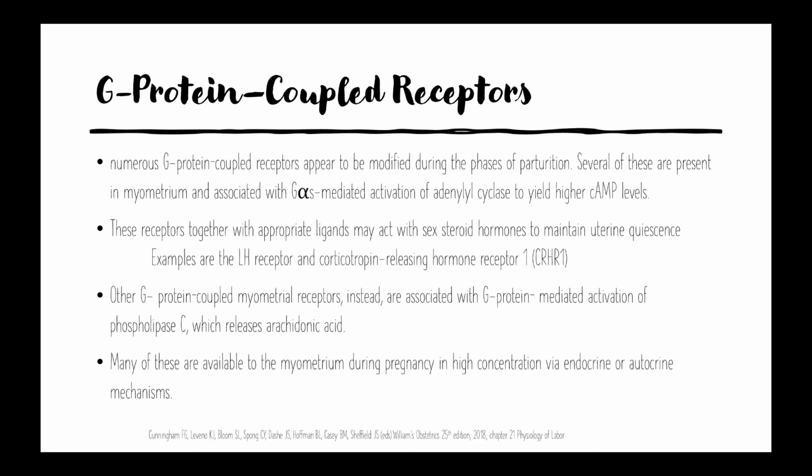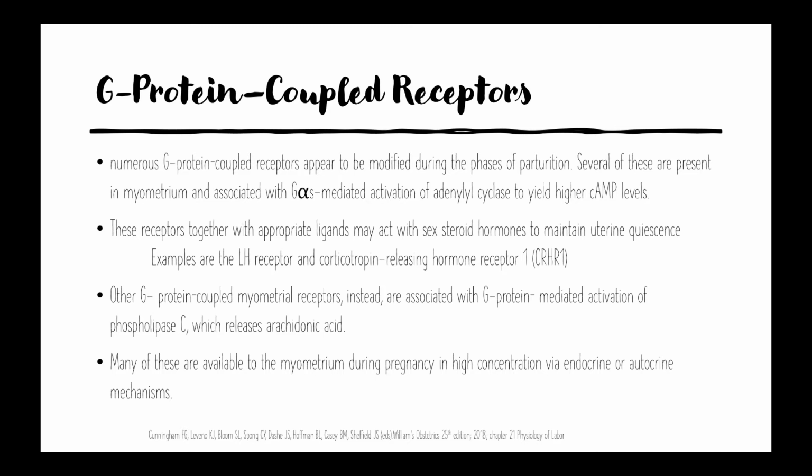Numerous G protein coupled receptors appear to be modified during the phases of parturition, and several of these are present in myometrium and associated with G alpha s mediated activation of adenylyl cyclase to yield higher cAMP levels. Now, these receptors, together with appropriate ligands, may act with sex steroid hormones to maintain uterine quiescence.